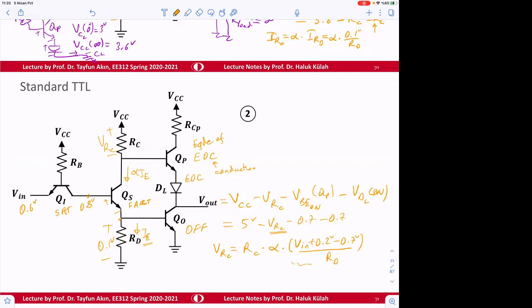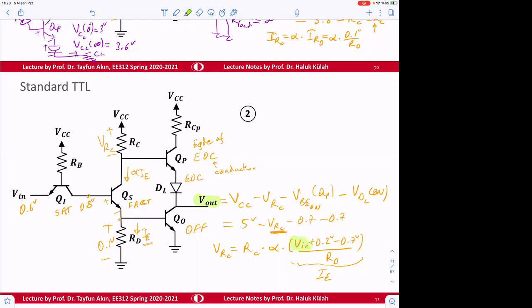Okay, so this is going to be IE. Is that okay? As you noticed here, VRC is a part of Vout. Therefore, your output voltage will be depending on input.